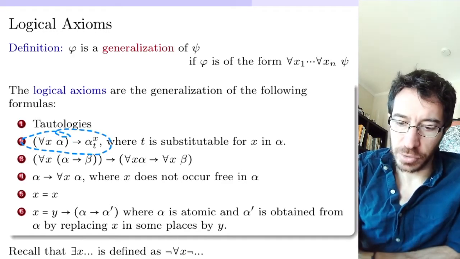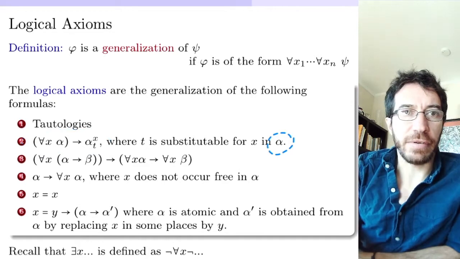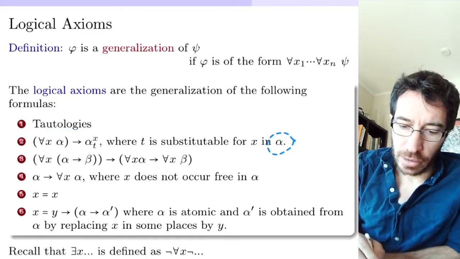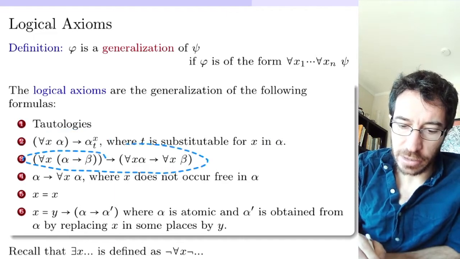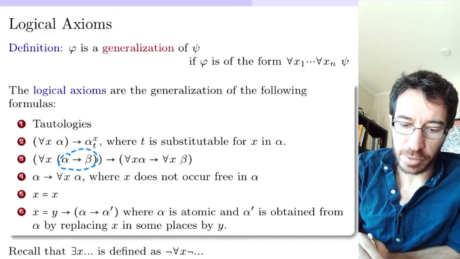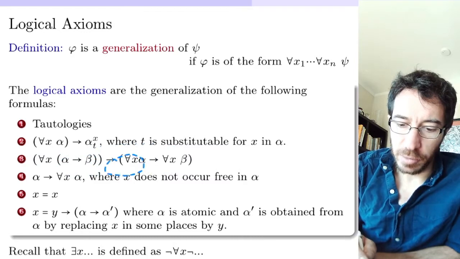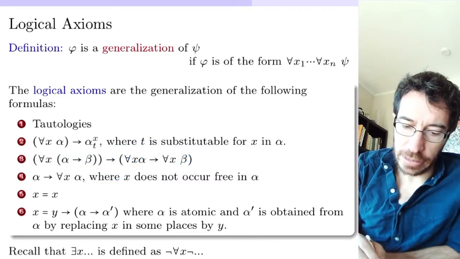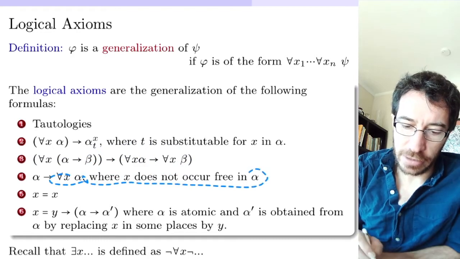This still should be true if in alpha you replace the constant by a new variable. The same is here. If you replace this constant by the variable inside here and here, then it will be replaced here and here. Fine. Here x doesn't occur free in alpha.